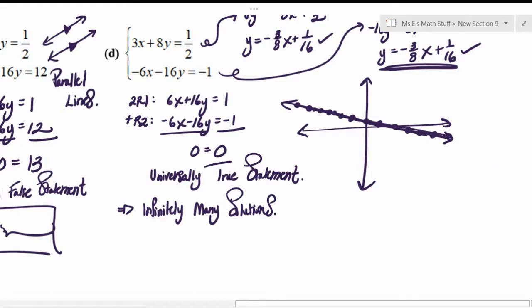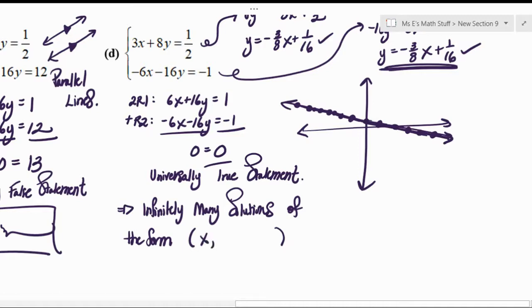So at this point, you're going to be expected to define those infinitely many solutions. And this is how we'll do it. We'll say infinitely many solutions of the form, and then we're going to write it as an ordered pair, but you'll have formulas instead of constants. So I'm going to write this in terms of x.